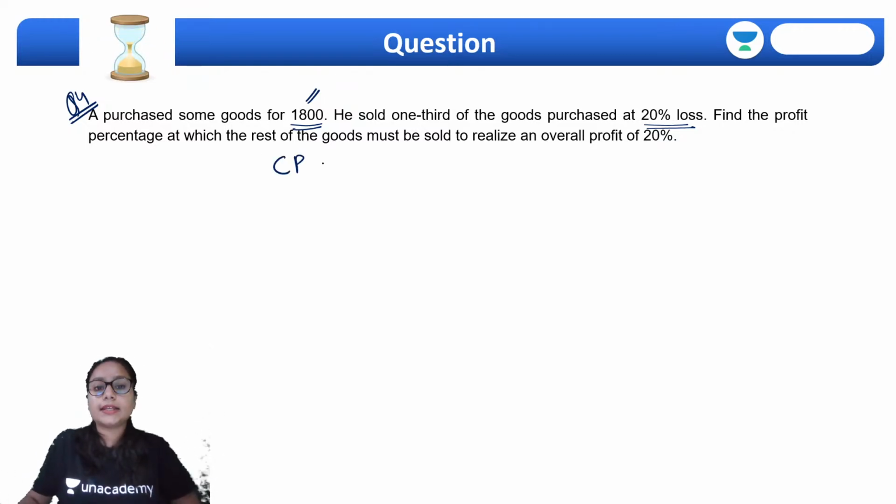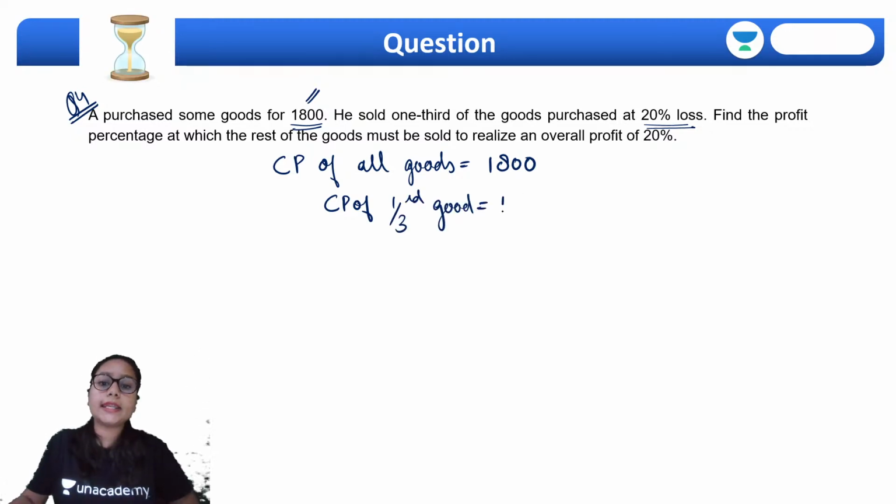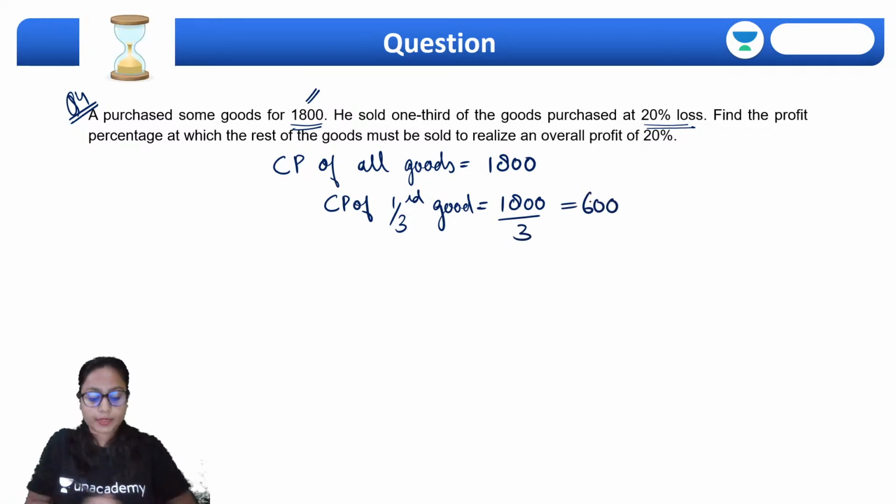So we know that the cost price of all goods is equal to 1800. Now he sold 1/3 of the goods. So what is the cost price of 1/3 goods? This will be equal to 1800 by 3, which is equal to 600.